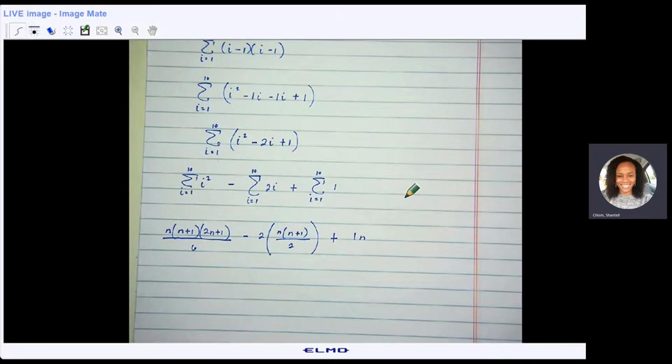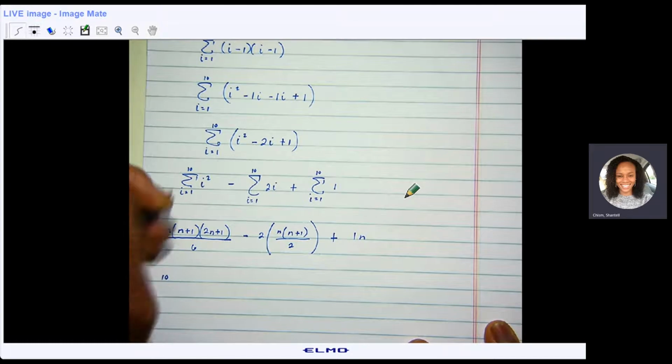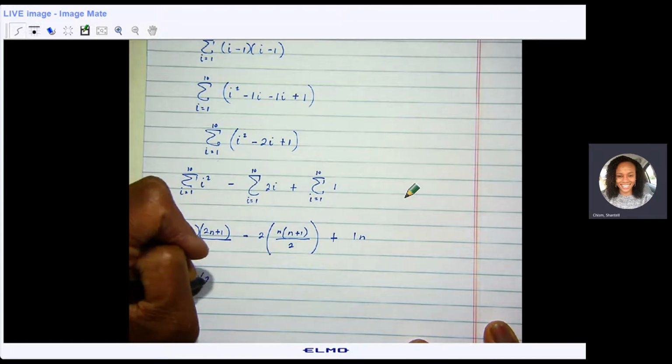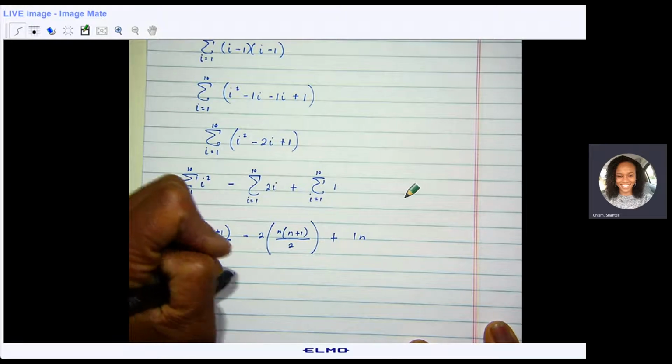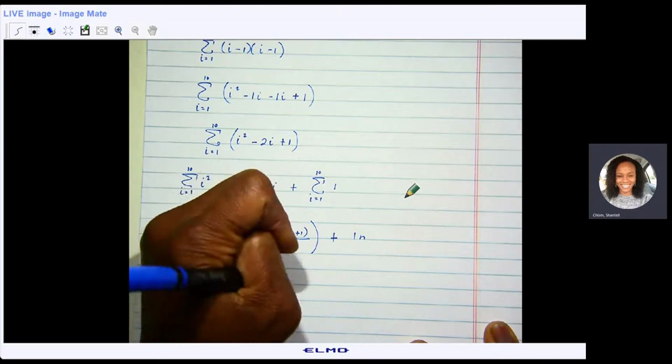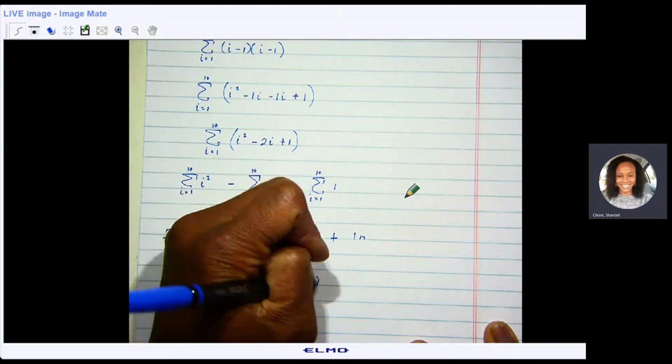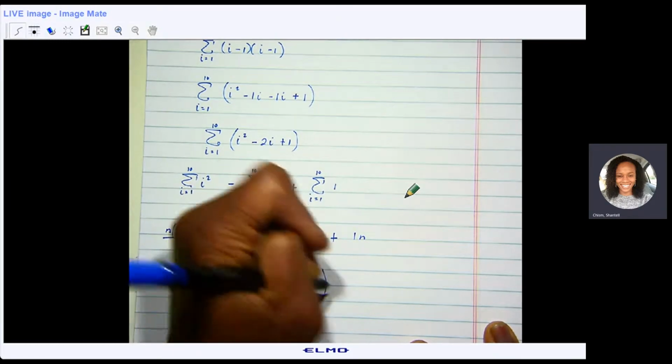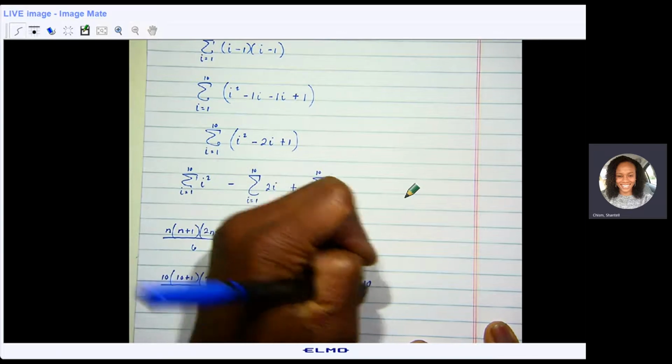And we are replacing n with 10, letting n be 10, okay? So 10, the top number there, that represents n. 10 plus 1, 2 times 10 plus 1 over 6, minus 2 times 10, 10 plus 1 over 2, plus 1 times 10.